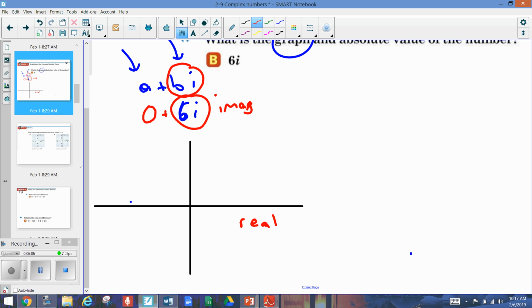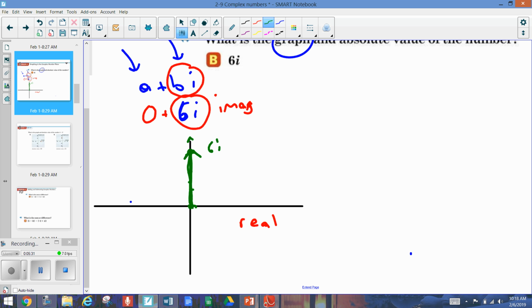Real. And which one was the imaginary? Y-axis was imaginary. What is the number? 6i. 1i, 2, 3, 4, 5. 6i is here, correct? So since the real portion is 0, it will be here, and then 6i. There you go, we just graphed it. Does that make sense? Oh, yeah.